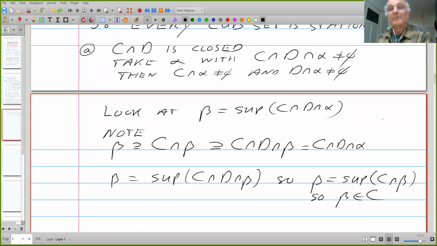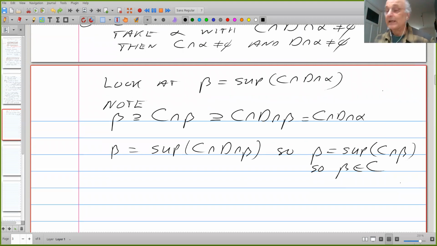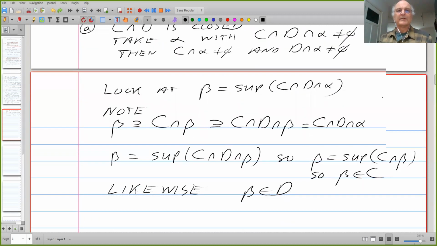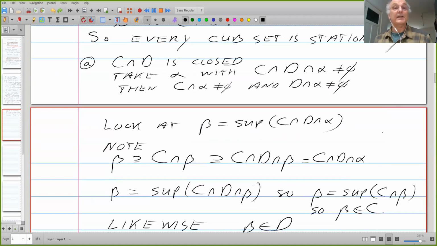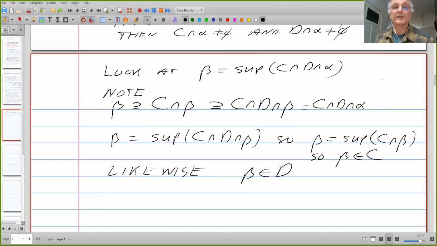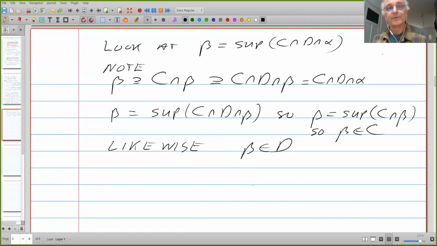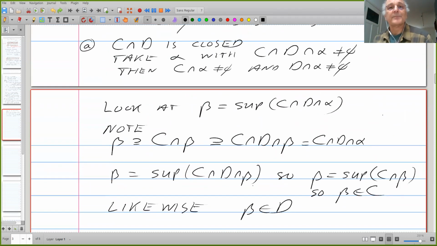And also for beta, the supremum of C intersect beta belongs to C. And of course, likewise, beta belongs to D. Okay, I did this a little bit extensively, but now we know that the intersection of two closed sets is closed. And in a similar way, you can prove that the intersection of an arbitrary family of closed sets is closed.